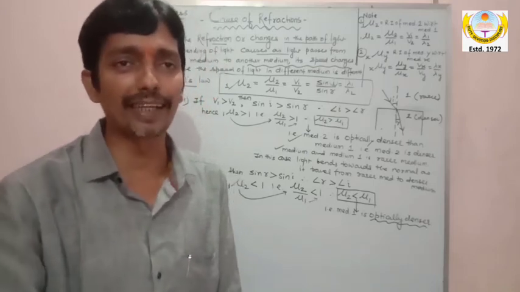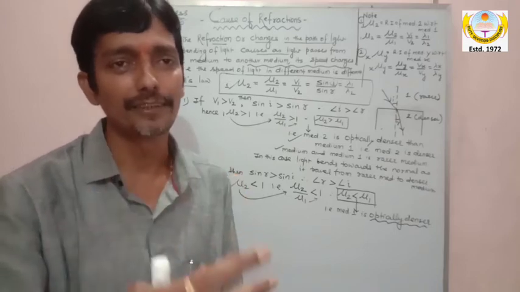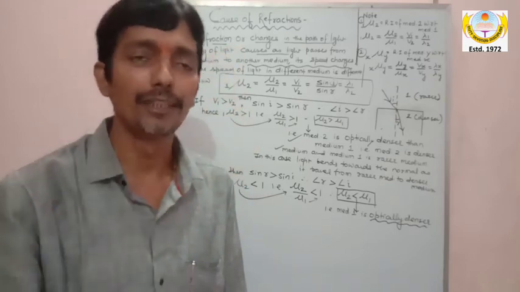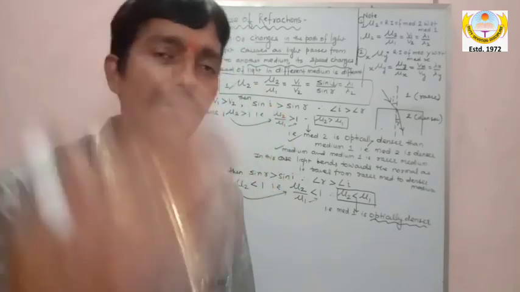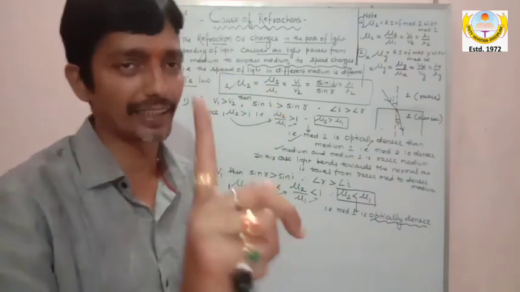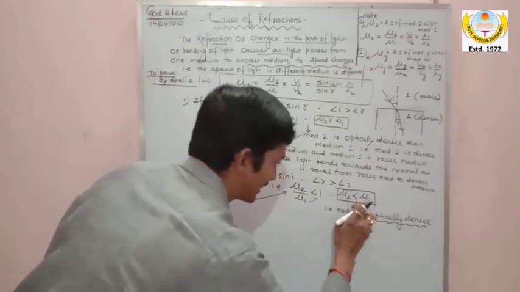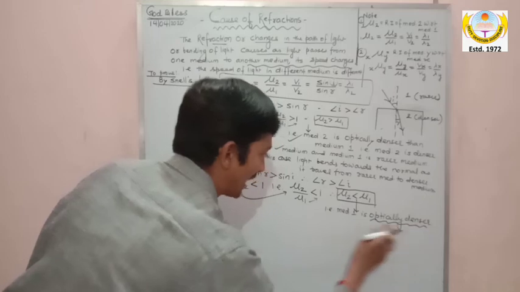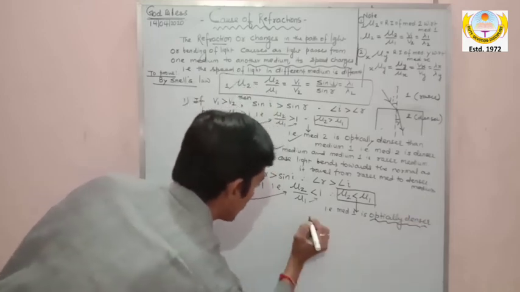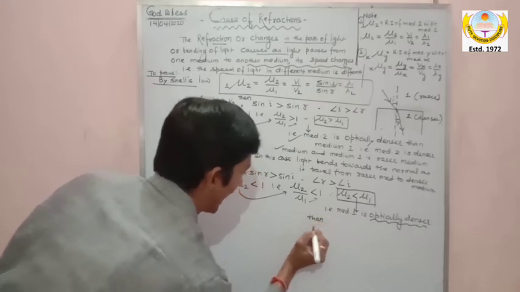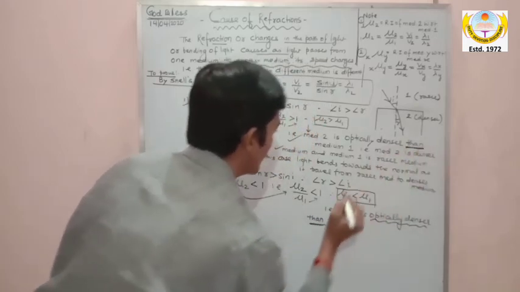So what is optical density or what is RI? Sir, RI is the ratio of speed of the light in the media. So optical density is also the ratio of speed of light in the media. Please take care. So that is, medium 1 is optically denser, since this is higher here. So optically denser than, I am writing THAN, here also I have written than, comparison than medium 2.